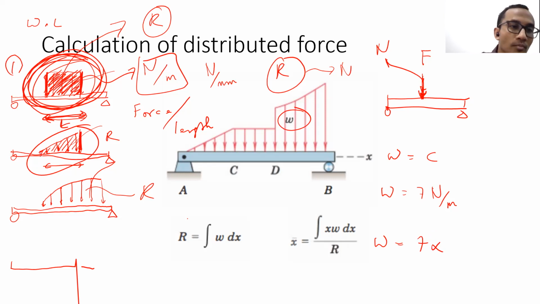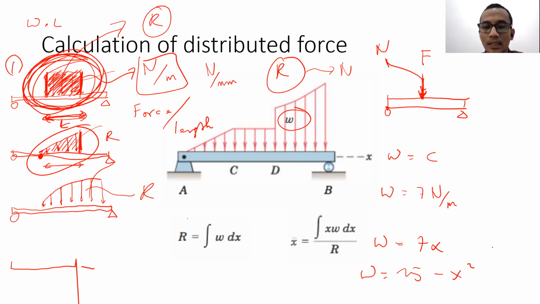X is the distance from this particular point. Okay, linear equation. For this one, maybe it's a quadratic equation. W is equal to 25 multiplied by x squared, for example. It can be like that.